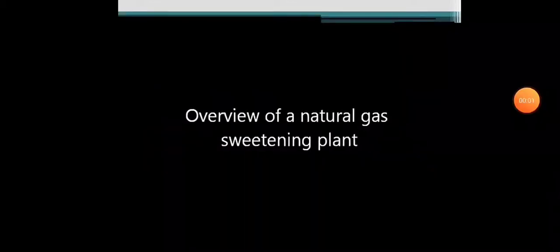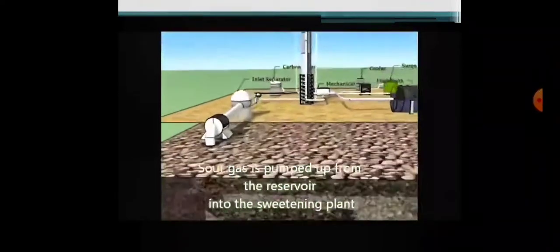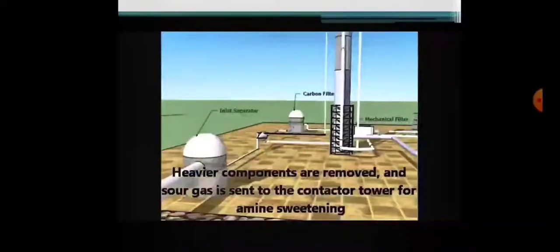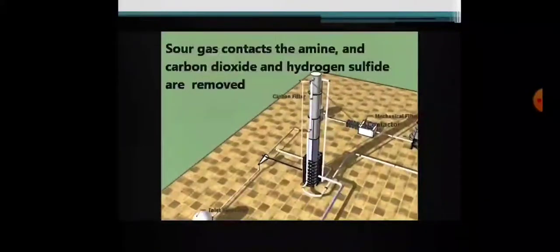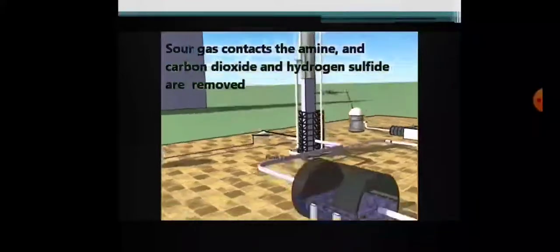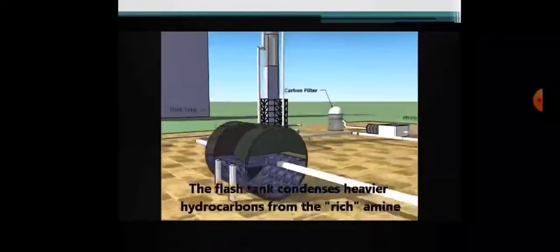Overview of a natural gas sweetening plant. Sour gas is pumped up from the reservoir into the sweetening plant. Heavier components are removed and sour gas is sent to the contactor tower for amine sweetening. Sour gas contacts the amine and carbon dioxide and hydrogen sulfide are removed. The flash tank condenses heavier hydrocarbons from the rich amine.